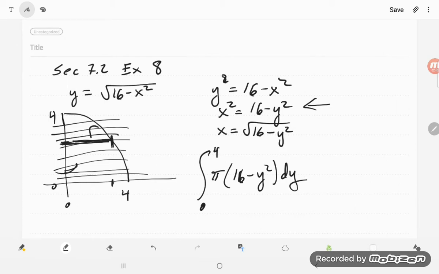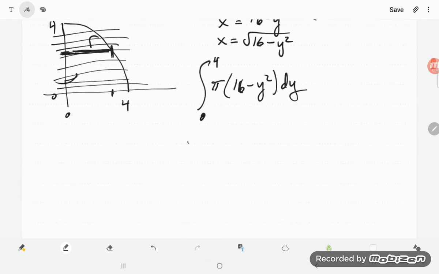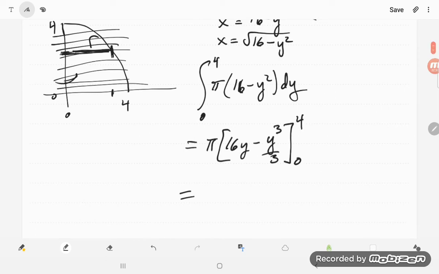Now, let's go ahead and do this. So let's see, this is just pi times 16y minus y cubed over 3 from 0 to 4. 0 again is nicely just 0.